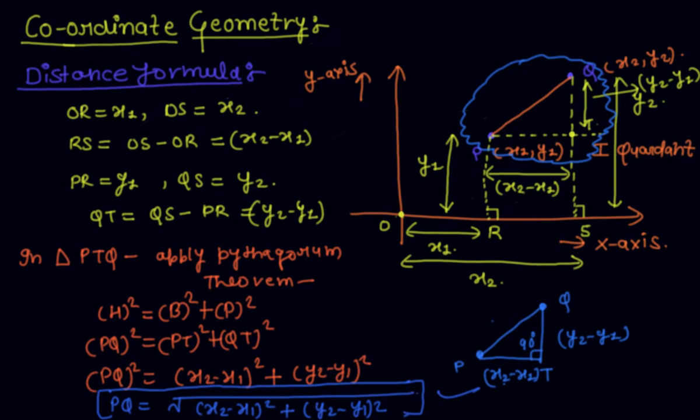So I hope you understand the distance formula and how to prove distance formula. So the use of distance formula is this: if you are given 2 points with their coordinates x1, y1 and x2, y2, then you find the distance between them by this formula. So I conclude some important points.